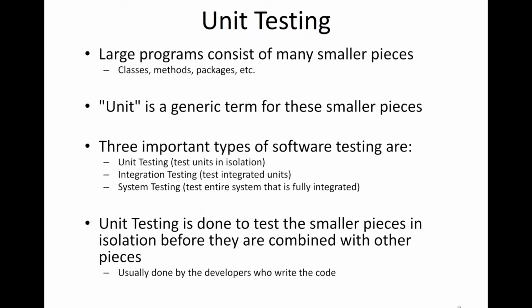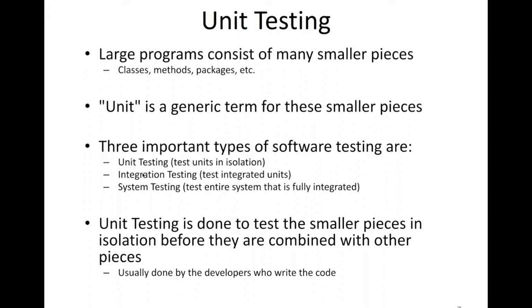So usually the way we define a unit for unit testing is we define that as a class. So if a unit is a class, then a unit test is a test that tests the functionality of a class. Now a class will usually have multiple methods, so that means we're going to have multiple test methods to test that unit of code.